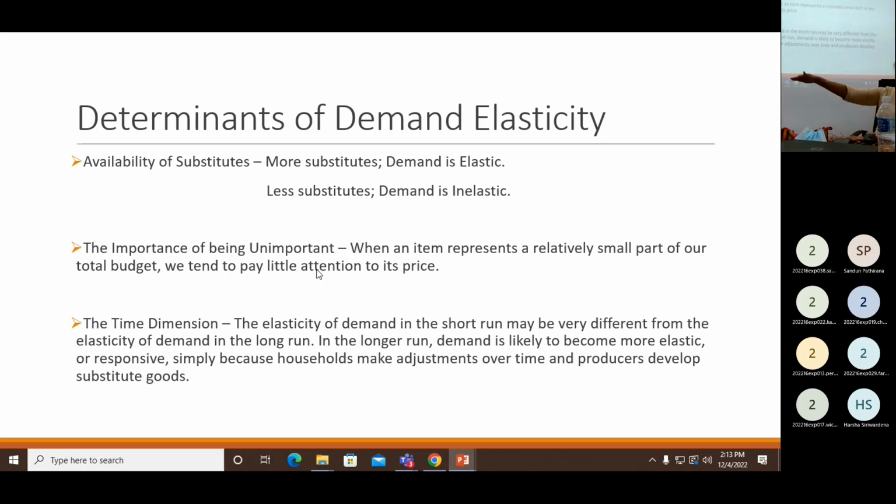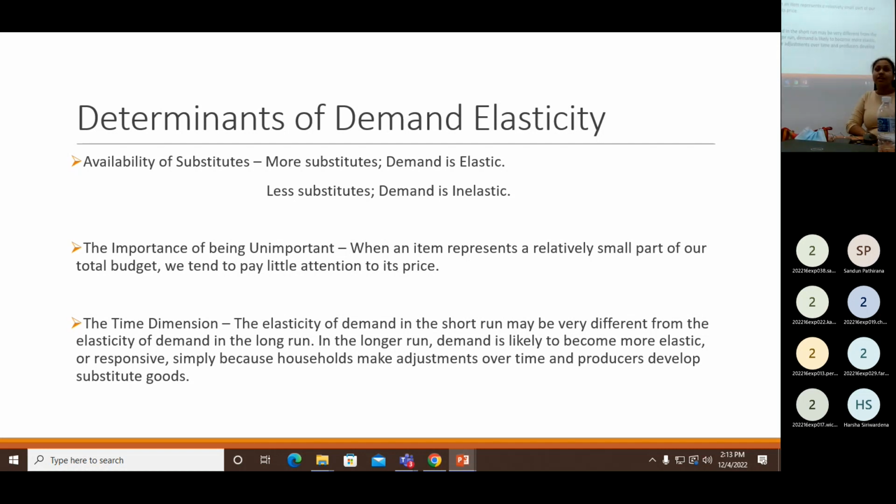Inelastic. So even if the seller increases the price by 1 rupee, you really don't decrease your demand. Sometimes you don't even know the price has increased by 1 or 2 rupees, so you don't respond. So you will have an inelastic demand.